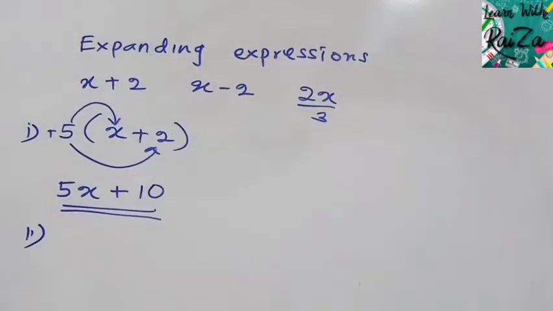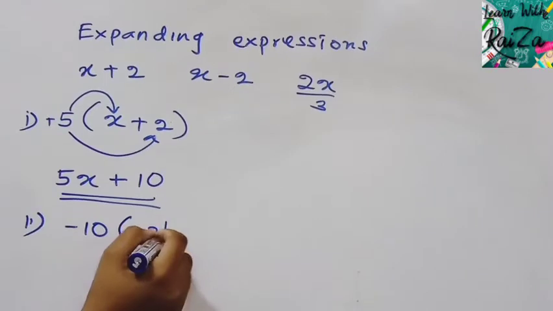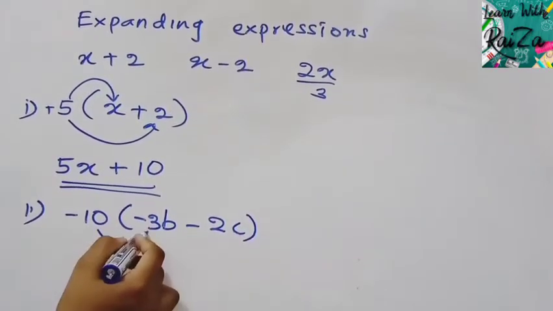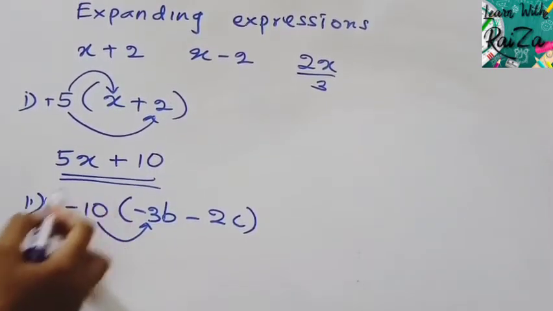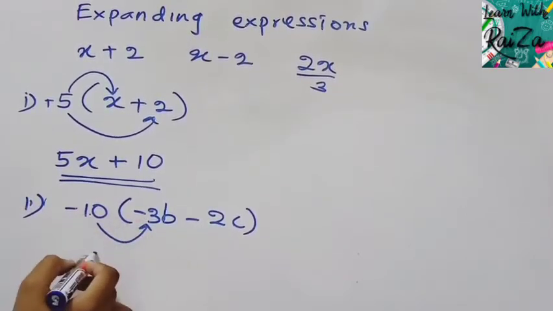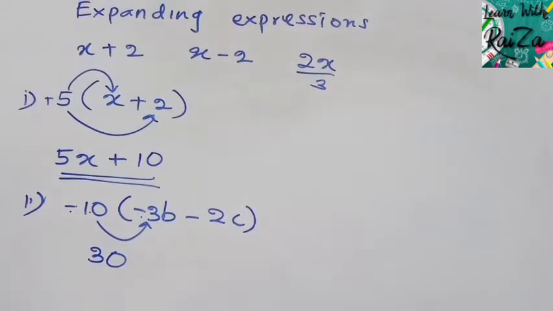Likewise, let's take another example with a negative value. Here, you should multiply this minus 3b by minus 10. So minus 10 times minus 3: 10 times 3 is 30. Minus into minus, you should multiply the symbols as well.